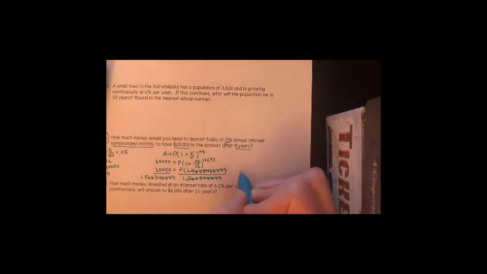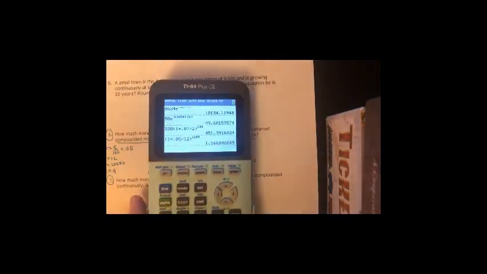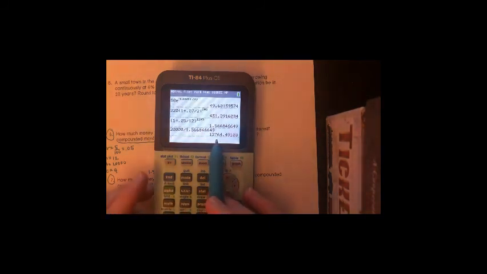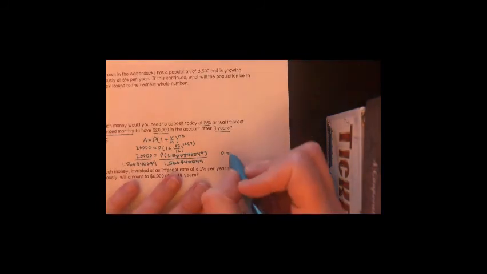I know that's a little bit annoying because it's such a long decimal, but really your calculator will do this part for you. So 20,000 divided by, you can just scroll up, hit enter, it'll copy it over, and there you go. So you have to deposit $12,764.49 to have $20,000 in your account at the end of 9 years in this scenario.